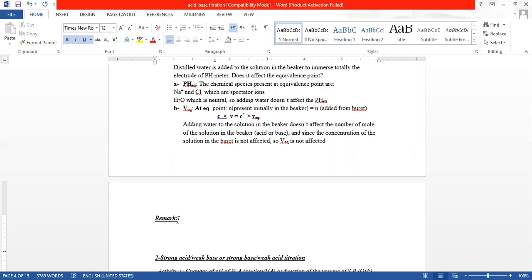قلنا titration is a method used to determine the unknown concentration of a certain solution. But you have to pay attention to dilute the concentrated solution before titrating it. ممنوع تروح تعمل titration لهاي concentrated solution directly. تعمل لها dilution بالأول، بعدين you take a sample from the diluted solution and titrate it.